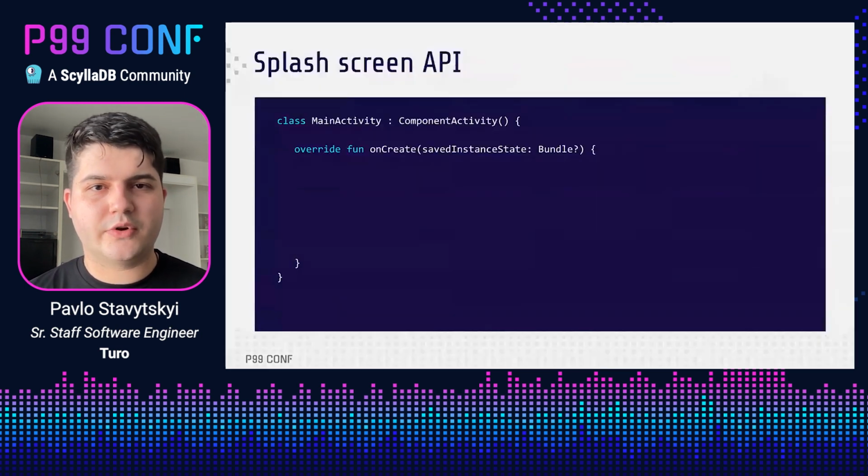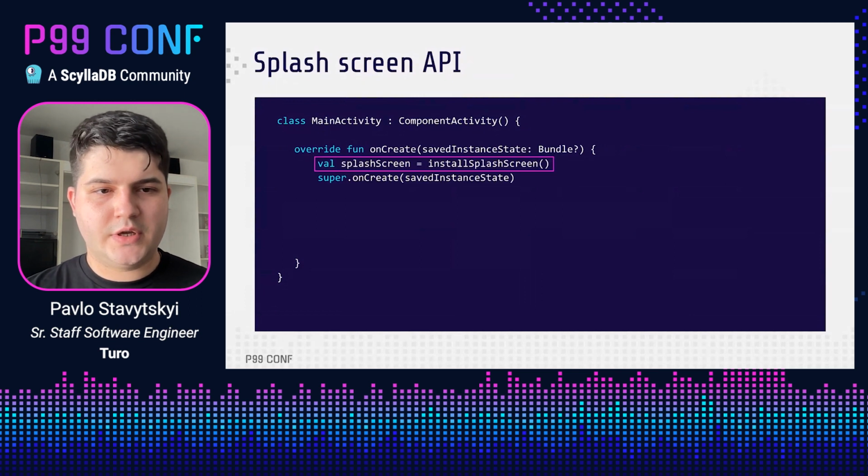Luckily, Google released a new API called Splash Screen API, which allows to significantly simplify this process. In order to set it up, just open your root activity of the application, and in the onCreate function, you can do a setup by using install splash screen.